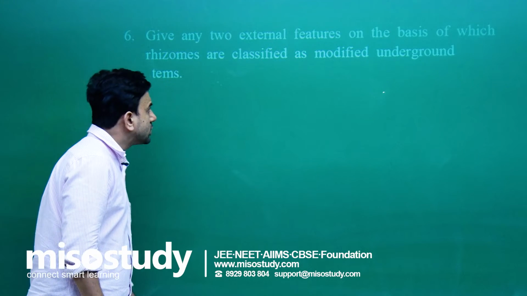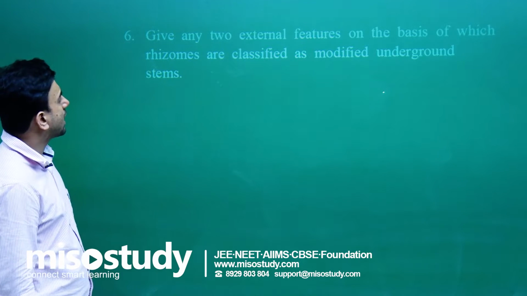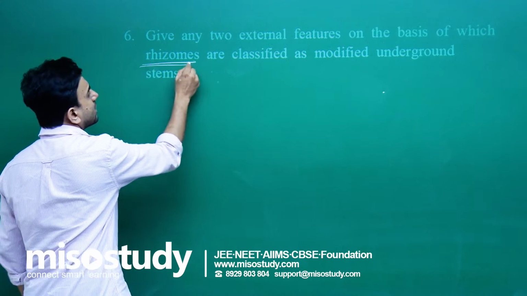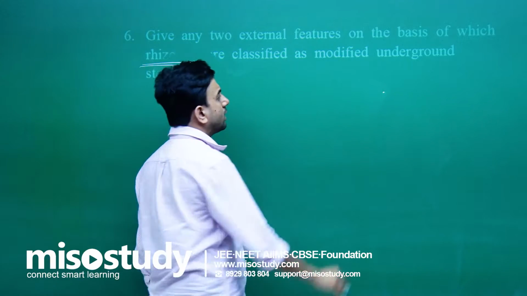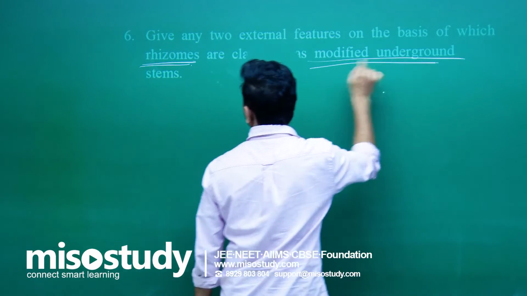Give two external features on the basis of which rhizomes are classified as modified underground stems.